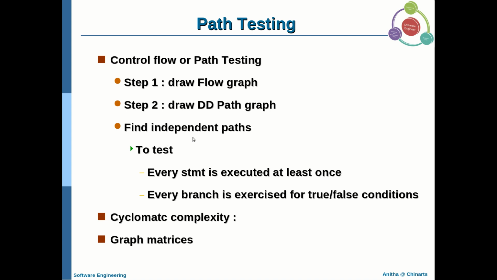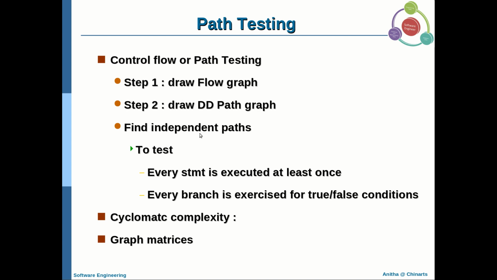Then you are going to find out the independent paths to test. Every statement will be executed at least once, and every branch is exercised for true or false conditions. So this is what we are going to do in control flow testing. Draw the flow graph for the given program, then draw the decision to decision path graph.